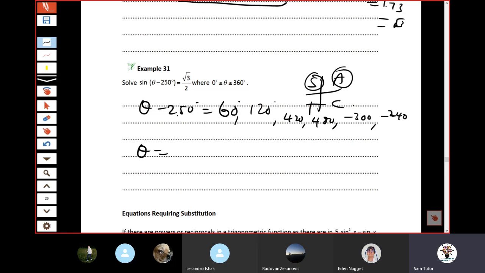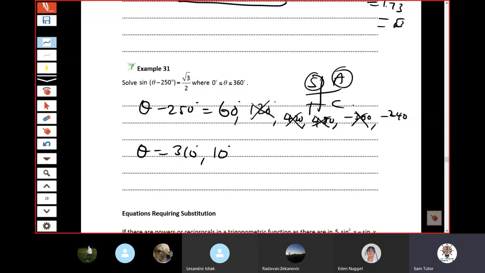Theta equals, I'm going to add 250. 60 plus 250, 310. 120 plus 250, 370, too big. 250 plus 420, too big. 250 plus 480, too big. 250 plus negative 300, negative 50, too small. The smallest number's got to be 0. Negative 240 plus 250, 10 degrees. That's your last answer that a lot of students miss.